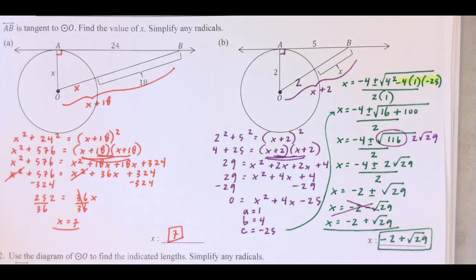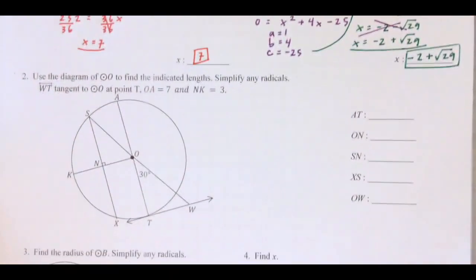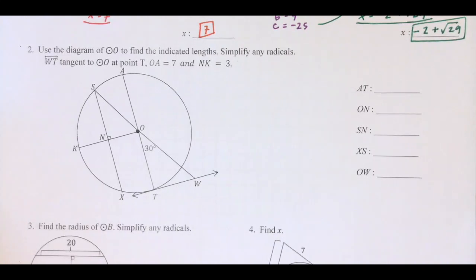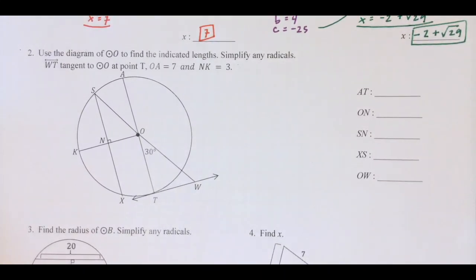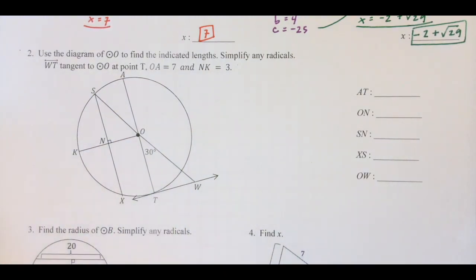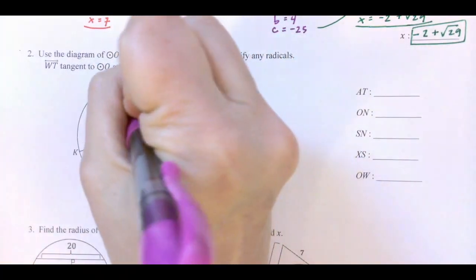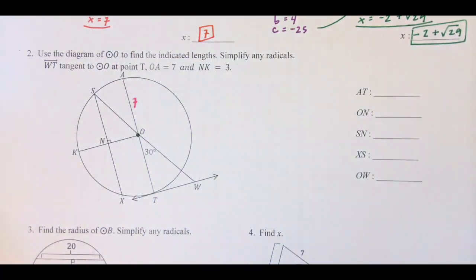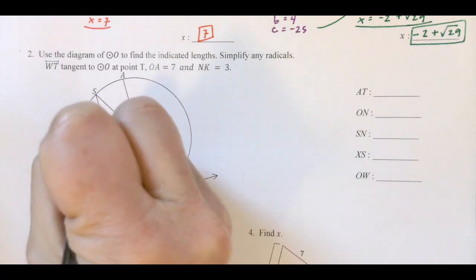All right, next skill. Let me slide this up. All right, use the diagram of circle O to find the indicated lengths, simplify radicals. So we're told that WT is tangent to circle O at point T, and that OA is 7 and NK is 3.